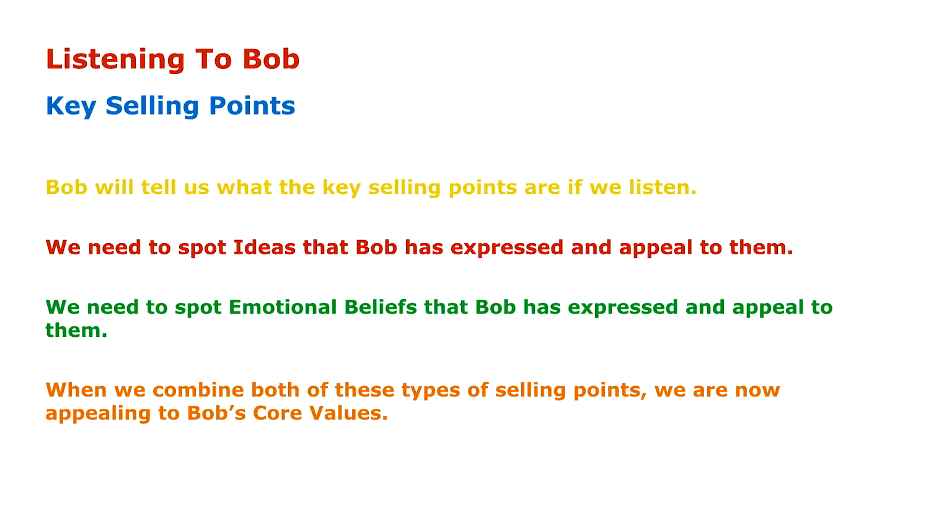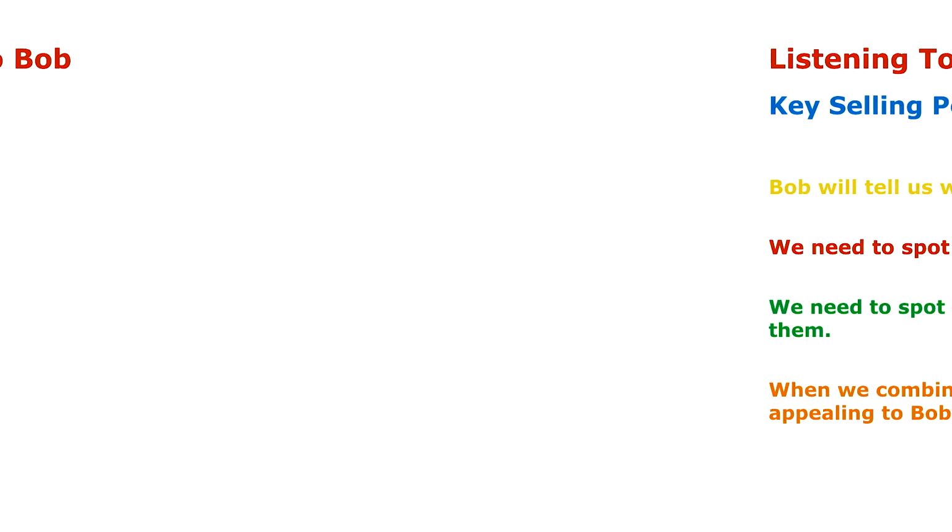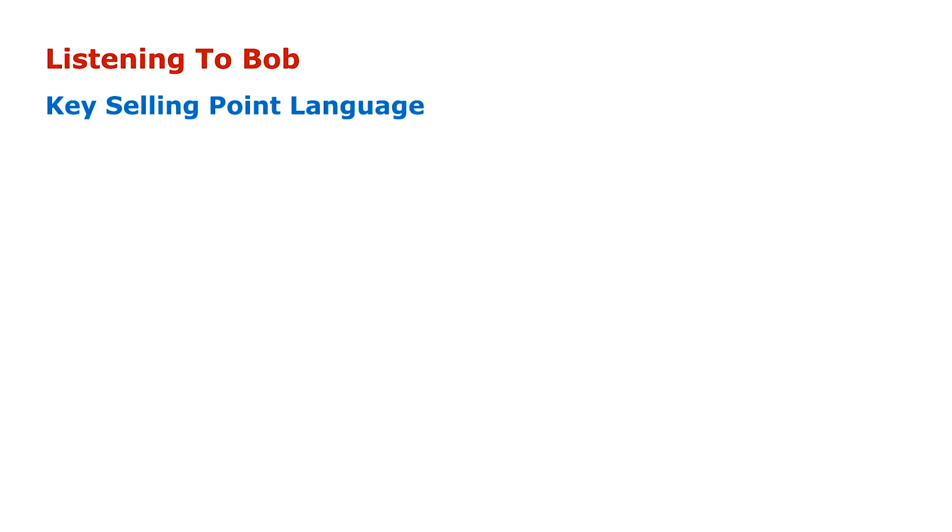Because if we remember, Bob's core values are derived from Bob's intellectual ideas and Bob's emotional beliefs. And if we appeal to them as Bob's core values and our marketing is in line with them, we can sell to Bob. So let's have a look at some key selling point language we might see.